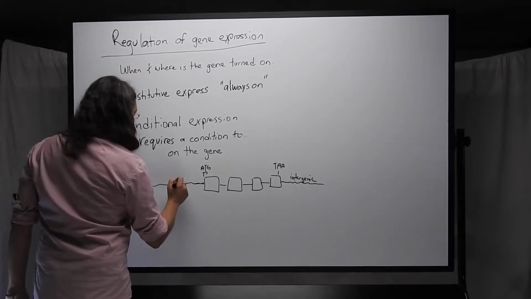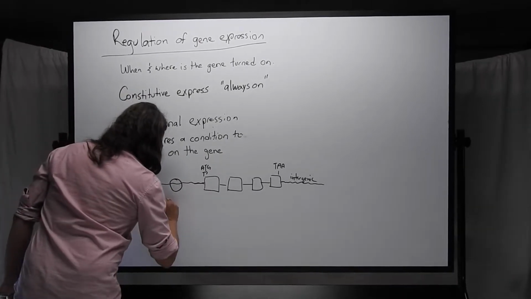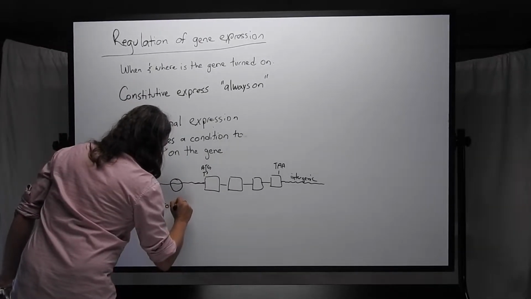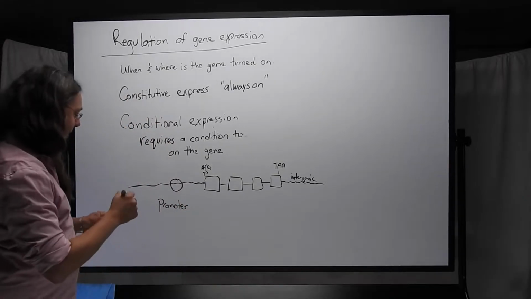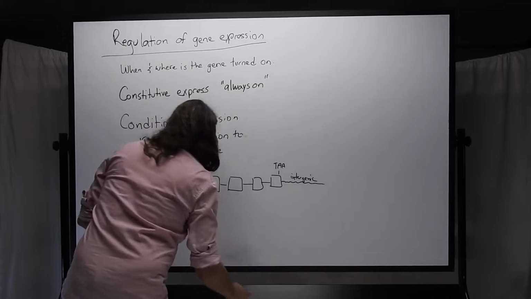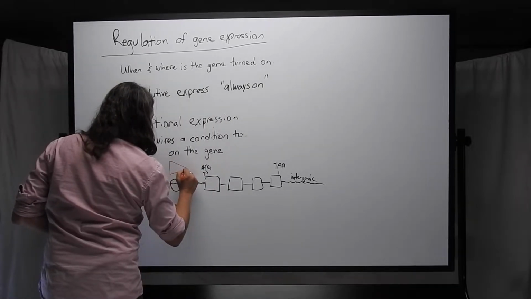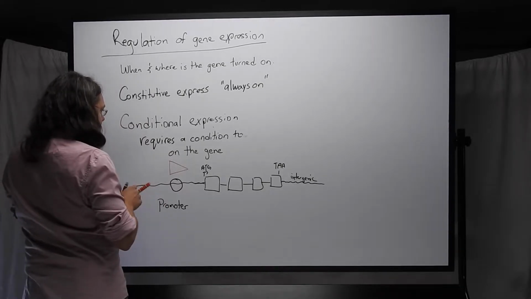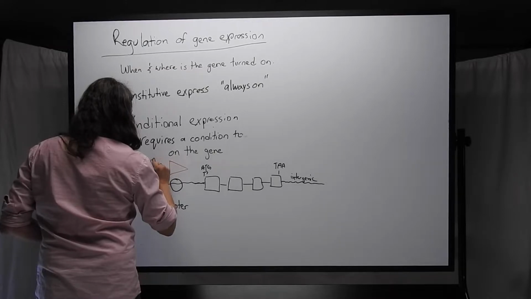Upstream of the gene in the intergenic DNA is something called a promoter. The promoter is where RNA polymerase binds. So we'll draw RNA polymerase as a red triangle. So this is RNA polymerase.